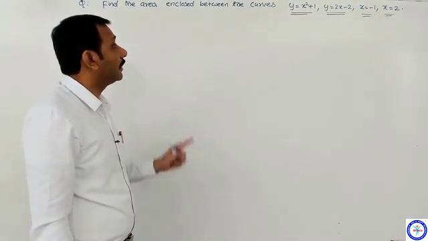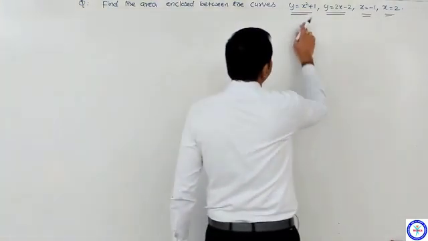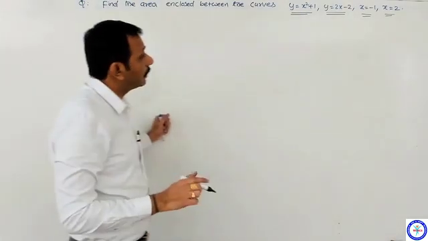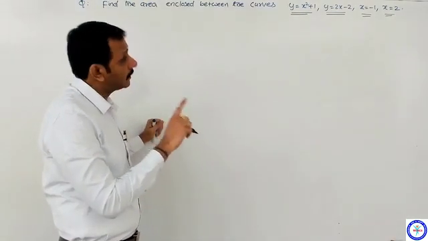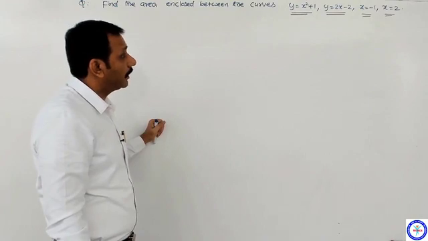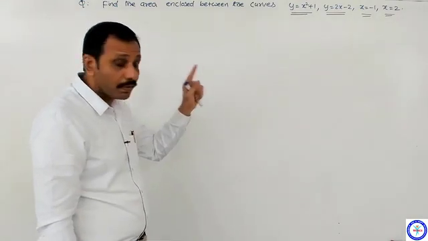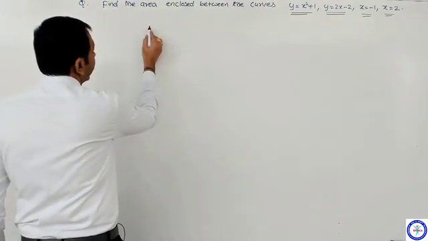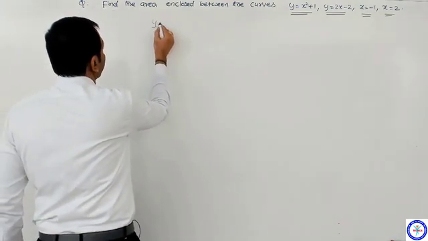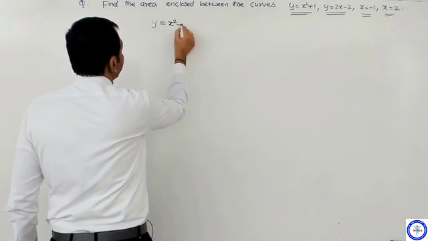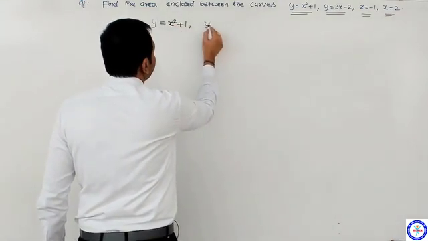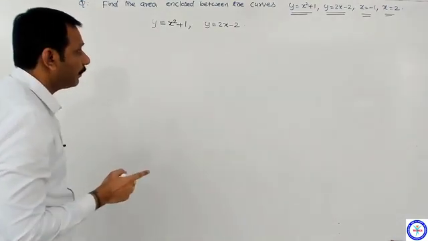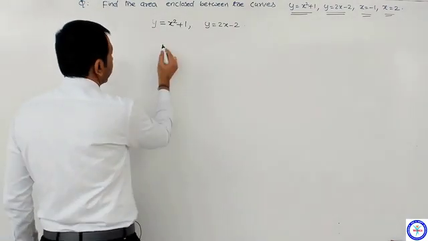First let us see how exactly these two curves will behave, whether these two curves intersect or not. Let us see that. What are the equations of the curves? Parabola is y equal to x square plus 1 and line is y equal to 2x minus 2. Let us try to find points of intersection, if any.